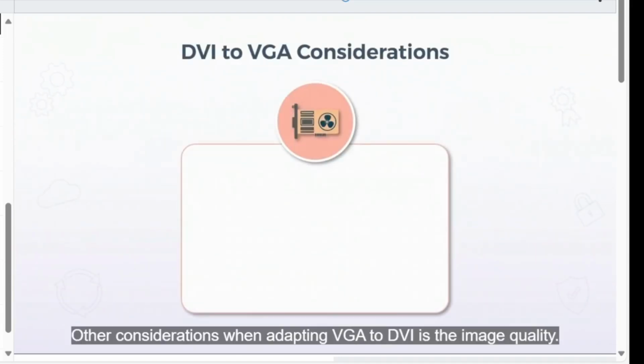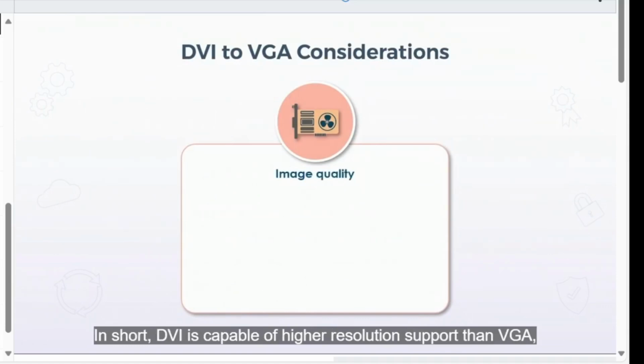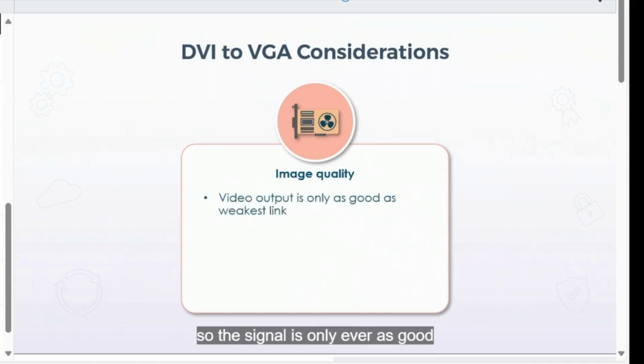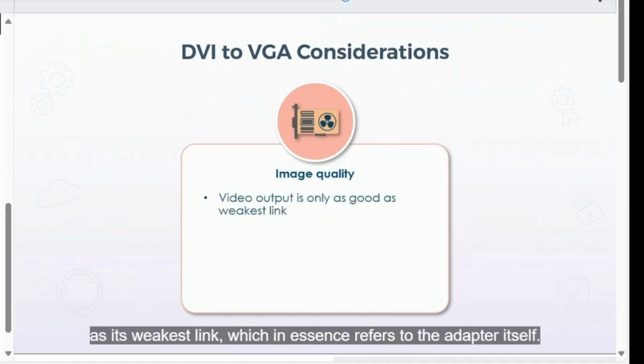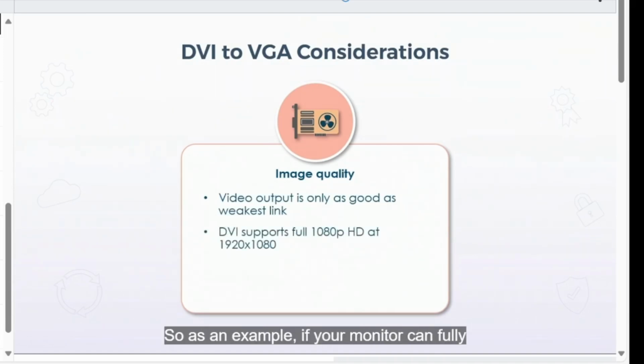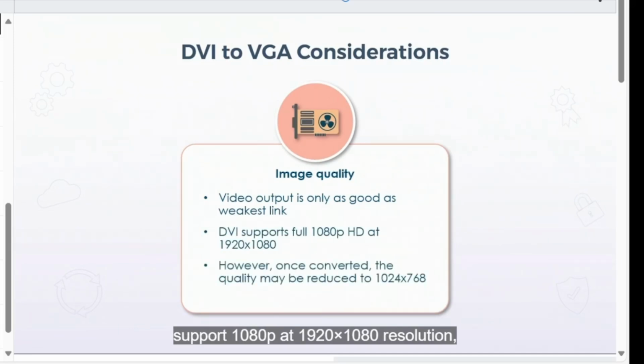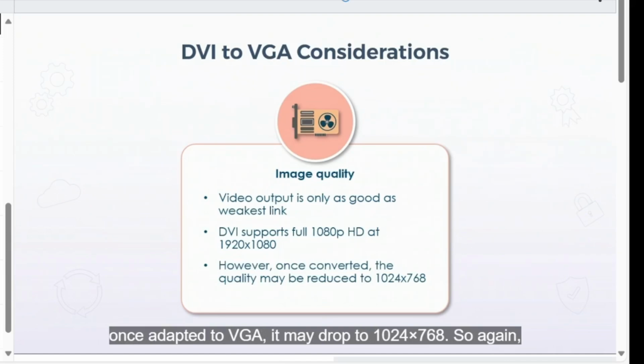Other considerations when adapting VGA to DVI is the image quality. In short, DVI is capable of higher resolution support than VGA, so the signal is only ever as good as its weakest link, which in essence refers to the adapter itself. So, as an example, if your monitor can fully support 1080p at 1920 by 1080 resolution, once adapted to VGA, it may drop to 1024 by 768.